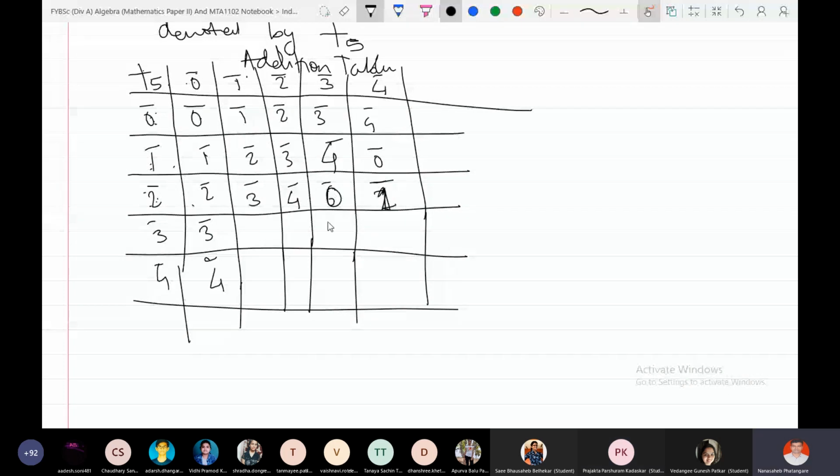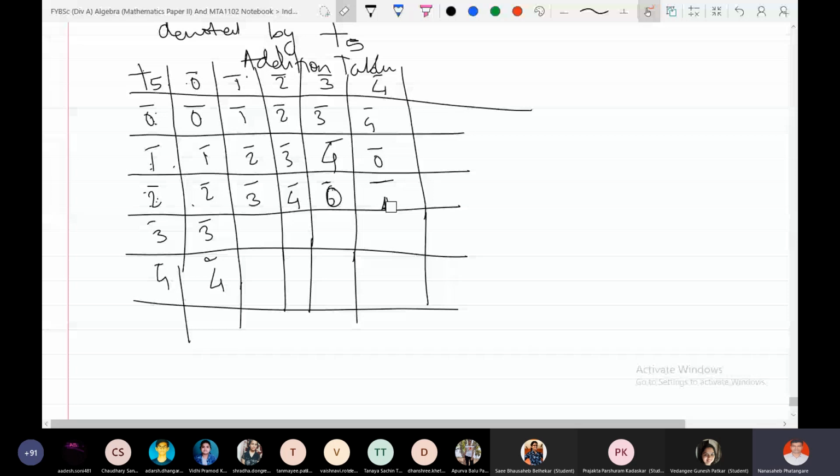Sorry, what is here? 2 bar plus 3 bar is 0 bar. This is the intersection of 2 and 3. Correct? What is 2 bar plus 3 bar? 0 bar. And what is here?